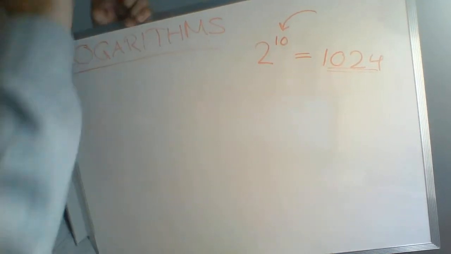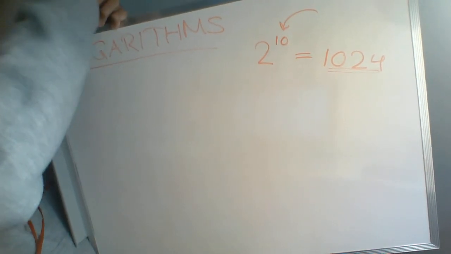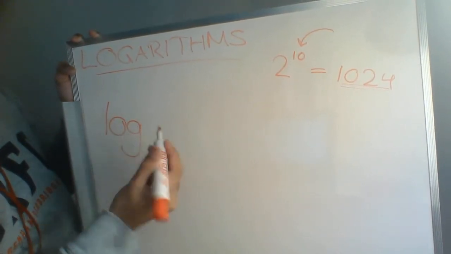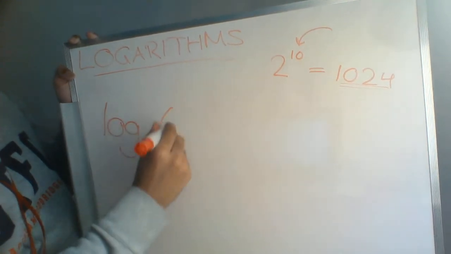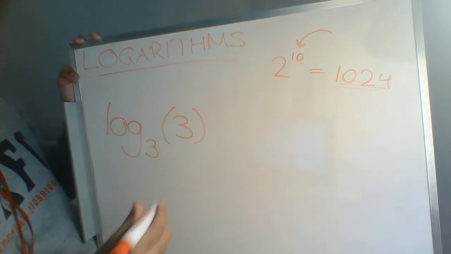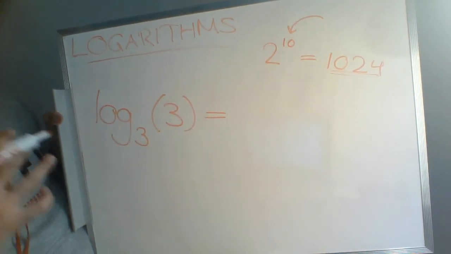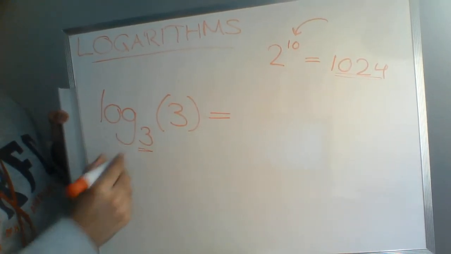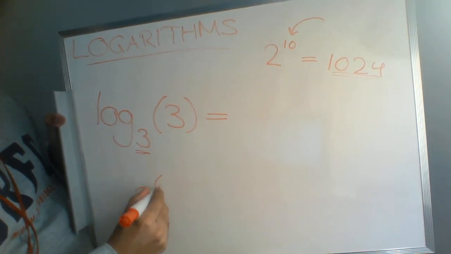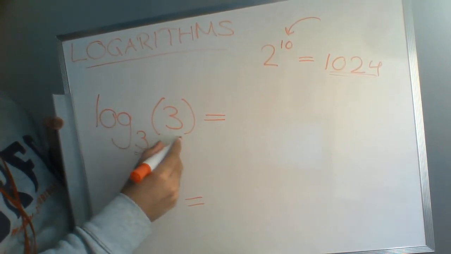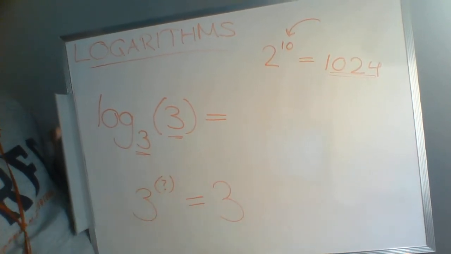So actually I'll go back to the thing that I was mentioning earlier, is that if you have logarithm base, let's say 3 of 3, what's that answer going to be? Well, if we break this down to the same form as before, we've got base 3, so it's 3 to some exponent is equal to, and this is our target answer, so 3.